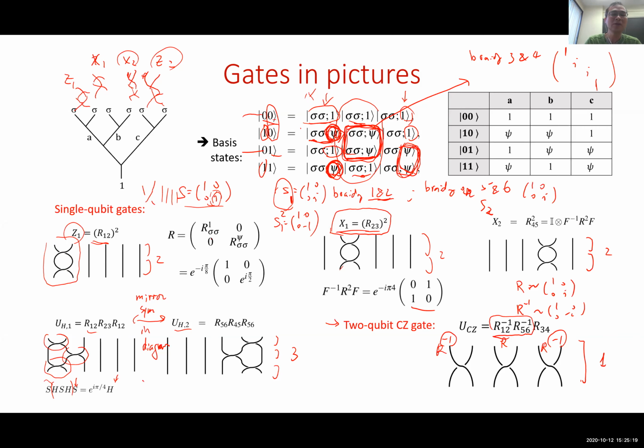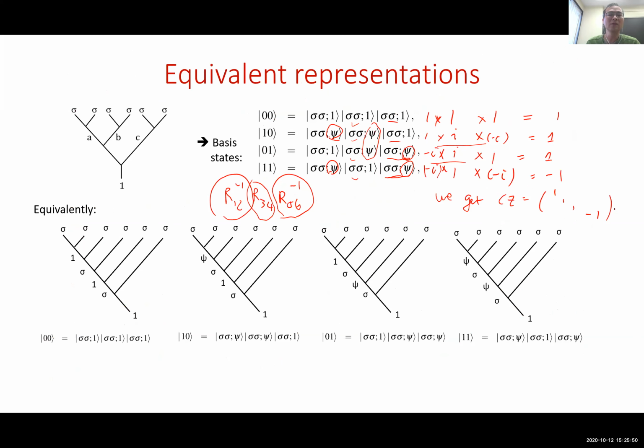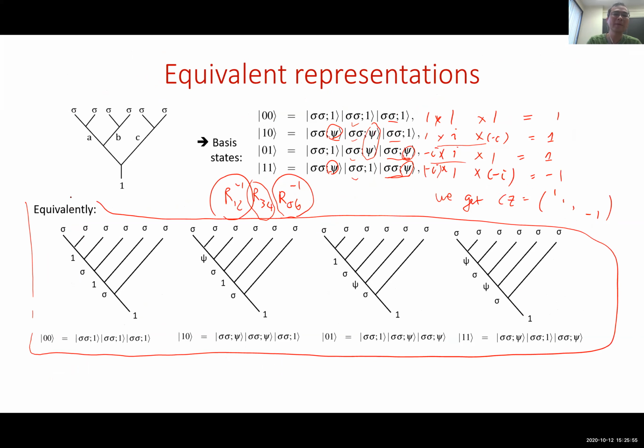And I did not show that if you do that on the 5 and 6 twice, if you square that, braid twice, you get the logical Z gate, okay? So I hope you can understand these diagonal gates. These are easy enough, and do not need to invoke this equivalent set of diagrams, okay?